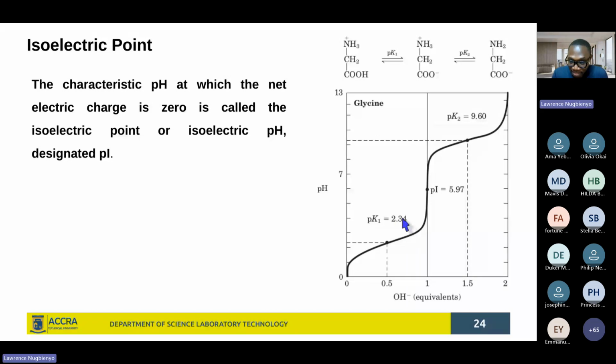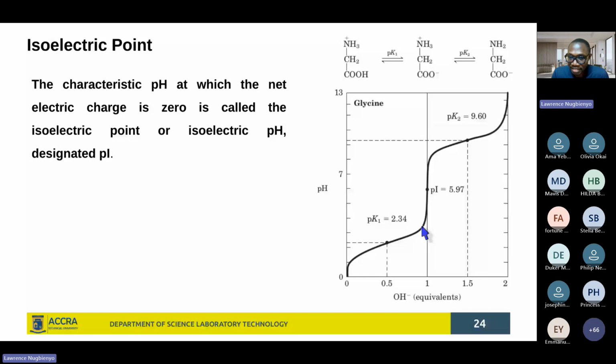Now, at a specific pH, where you have some hydroxyl equivalent of 0.5, you can have that process of giving out of hydrogen ion by the carboxylic acid group occurring.